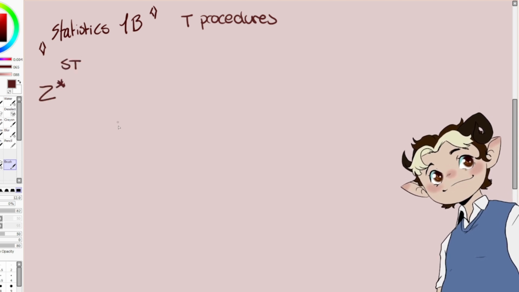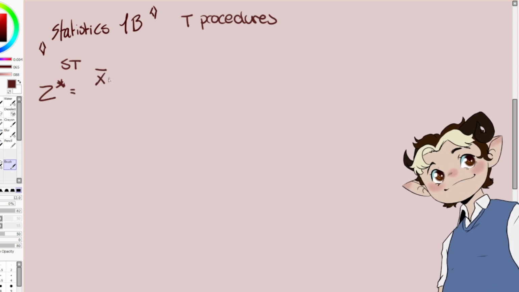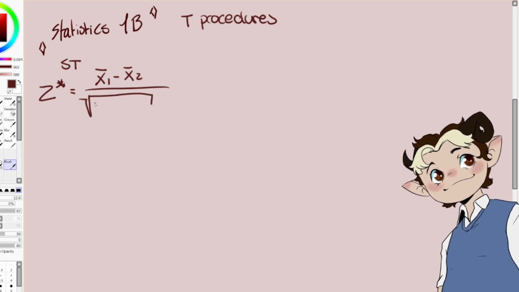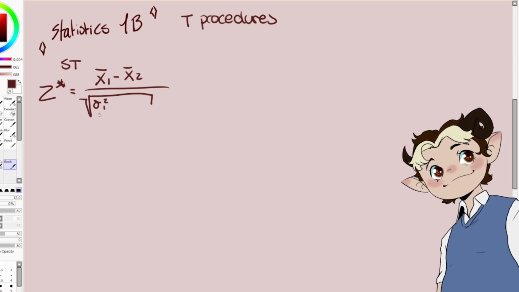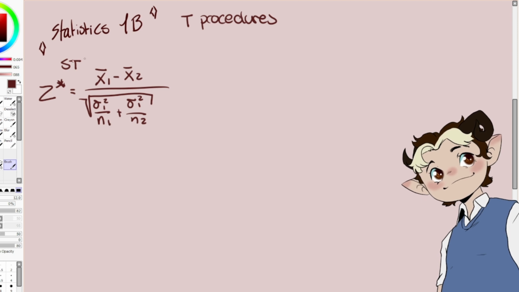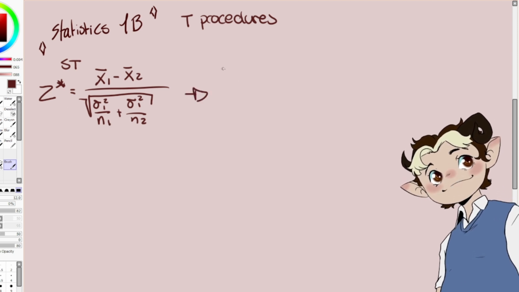standard, like the significance test, was Z equals x bar 1 minus x bar 2 divided by the square root of the true population standard deviation squared divided by n1 plus the same for n2. That was the entire formula, and we're gonna change only one small part.